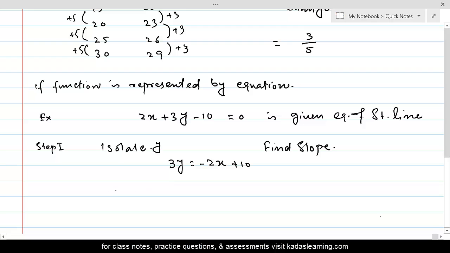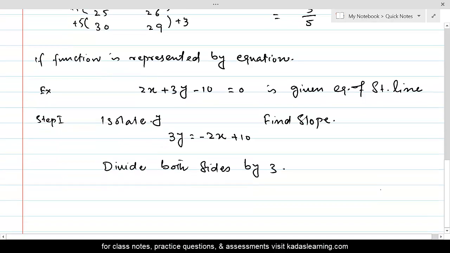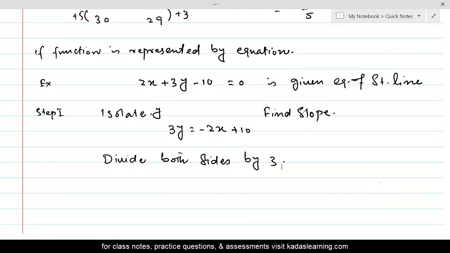For that purpose, we are going to divide both sides by 3, because nothing should be left on the left side without y.